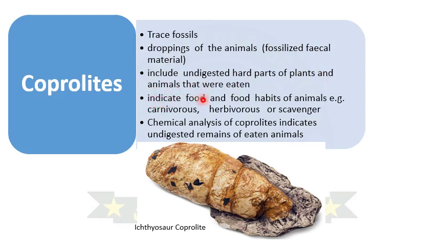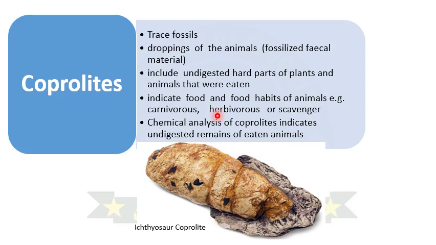Coprolites indicate food and food habits of animals, for example, carnivorous, herbivorous, or scavengers. If in the coprolite we find some bone-like material, we can say that the organism was carnivorous in the past.